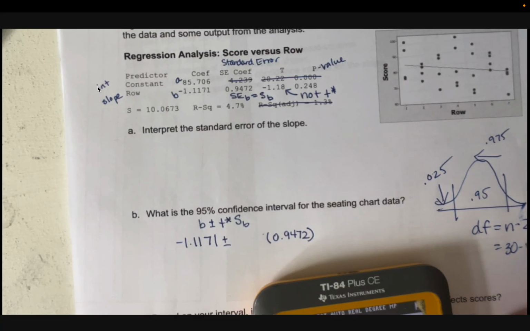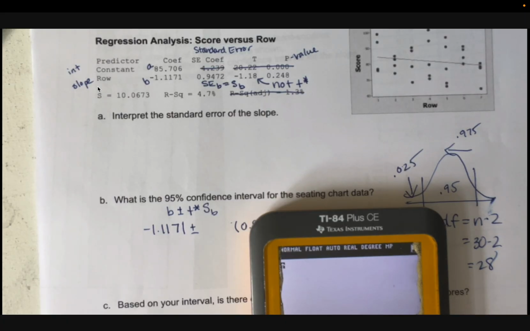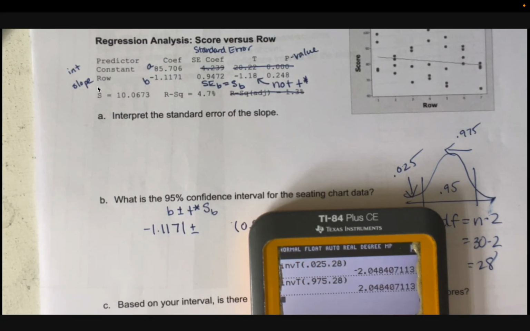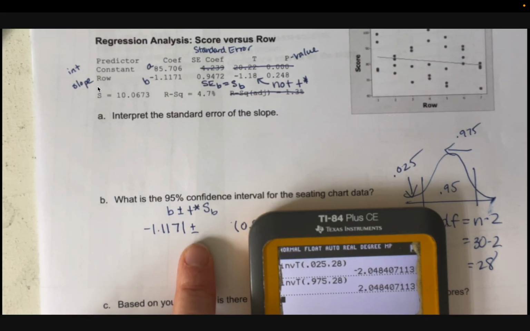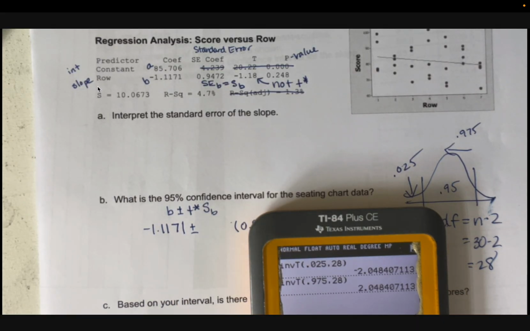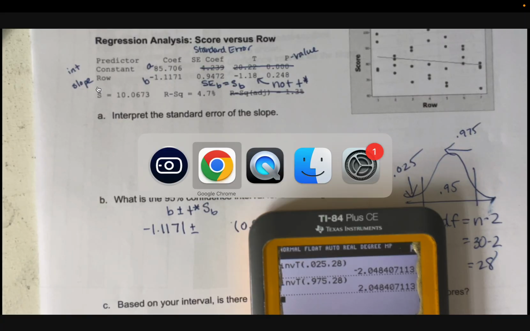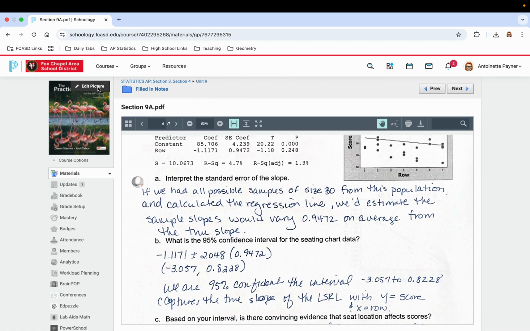There were 30, so 30 minus 2, your degrees of freedom are 28. So when I go do my inverse t, second vars, inverse t, you can do the 0.025, 28. If you wanted to do the other boundary, you'll just get the positive number. Remember, ignore the sign. You already have a plus or minus in the equation, so just put the number in there. And that's what I have back over here. So there's that 2.048.